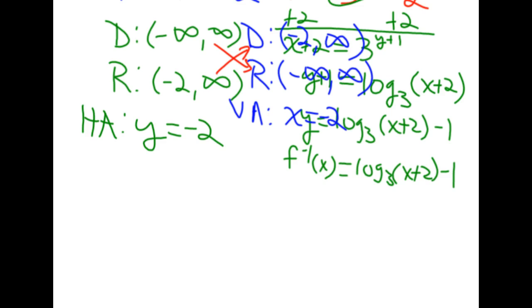To find the inverse, don't you just switch the letter x with the letter y? Well, lo and behold, that's what's happened here. So the reality is, if I want to find the inverse and its domain and range, I do have to do the math to find the inverse, but the domain and the range of one function will just switch places with each other for the inverse. And the asymptote will just switch the x with the letter y.